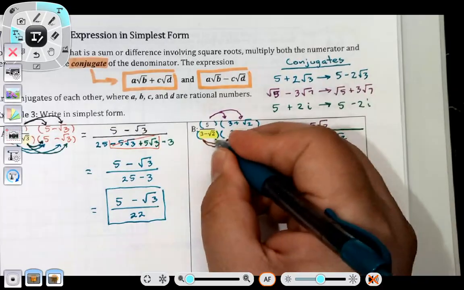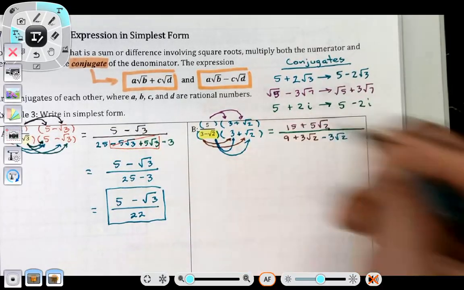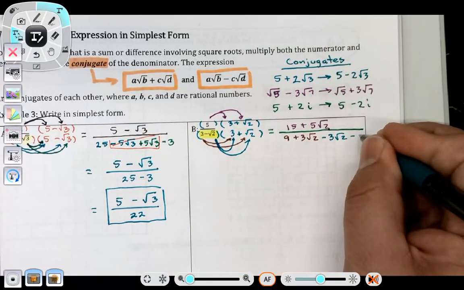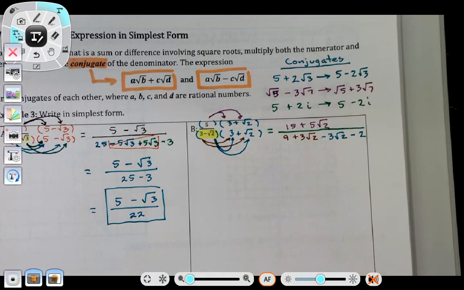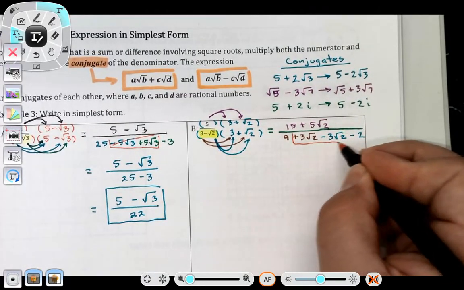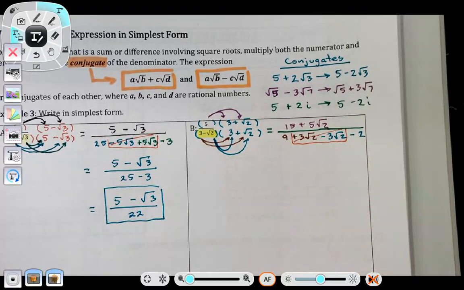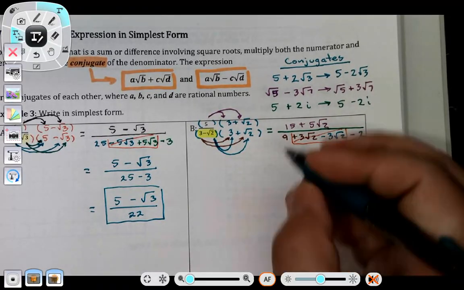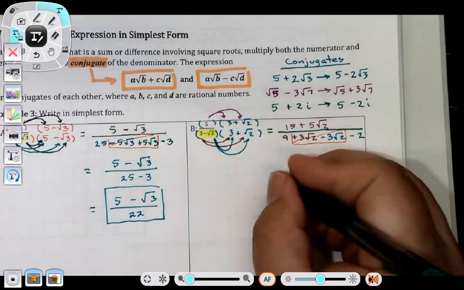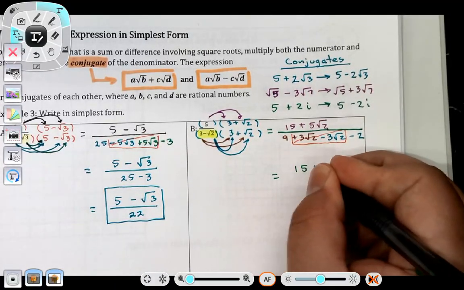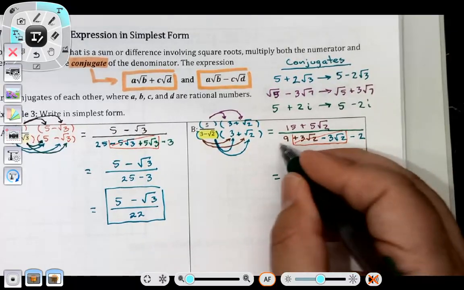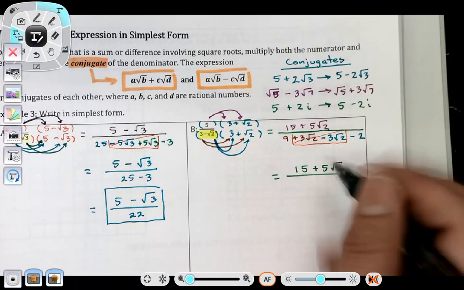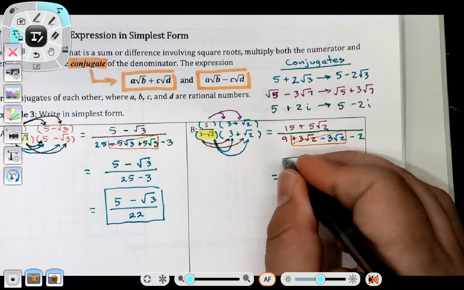And what is negative radical 2 times positive radical 2? Negative what? 2, yes. And what's going to happen to the middle, everybody? Cancel out. That's why we do conjugates. Conjugates will always cause that. That's why we use them. So then my answer: on the top, I have 15 plus 5 radical 2, which you can't add, and what's 9 minus 2? And there's my answer.